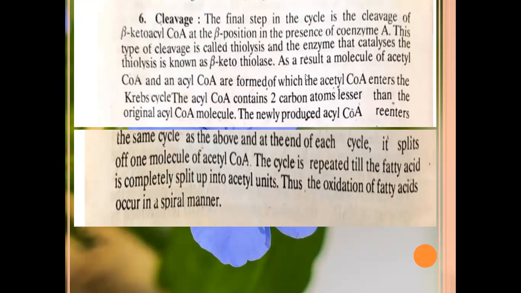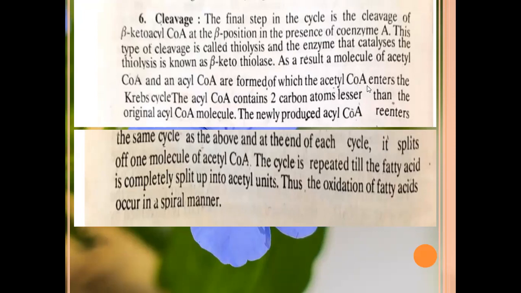As a result, a molecule of acetyl coenzyme A, containing 2 carbon atoms, and the remaining fatty acid, or acyl coenzyme A, are formed.